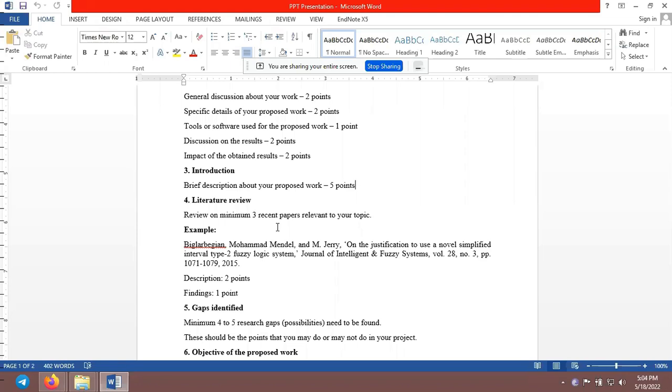The work done or carried out in that paper is given in the conclusion of that paper. So from the conclusion of the particular paper, you can extract the overall work done or the findings and write them out from there. So minimum of three slides from this literature review topic.